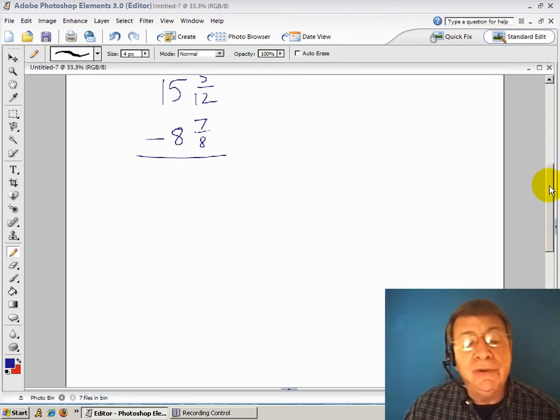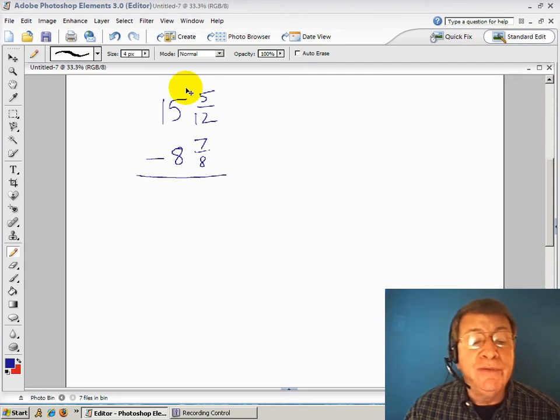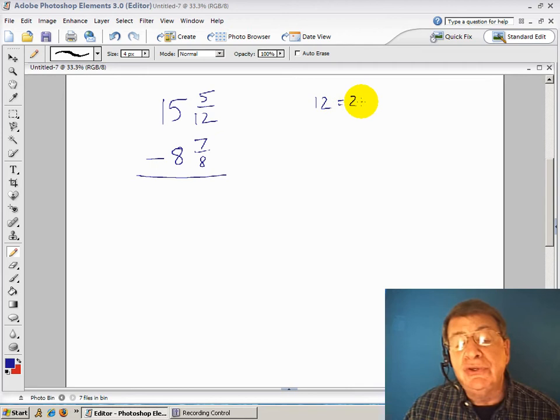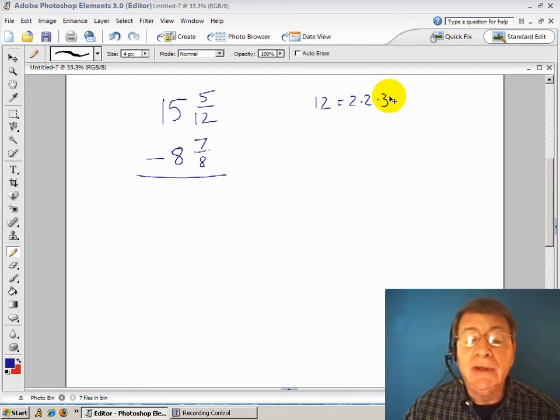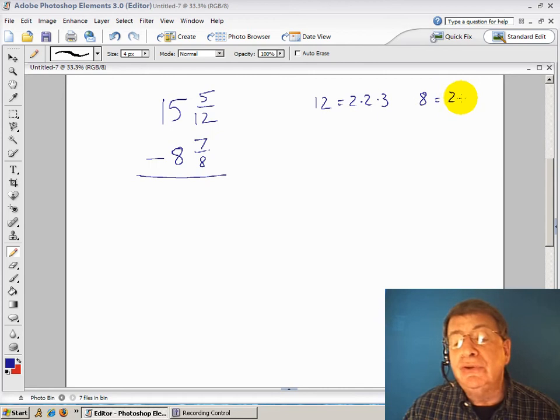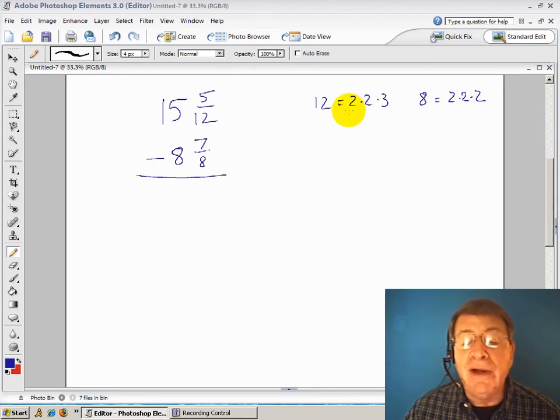What we're going to do is, just like before, this is written in the vertical method. So what I'm going to do is take the 12, which is 2 times 2 times 3, broken up into factors, and the 8, and that's 2 times 2 times 2, and see if we can find a lowest common denominator between them.